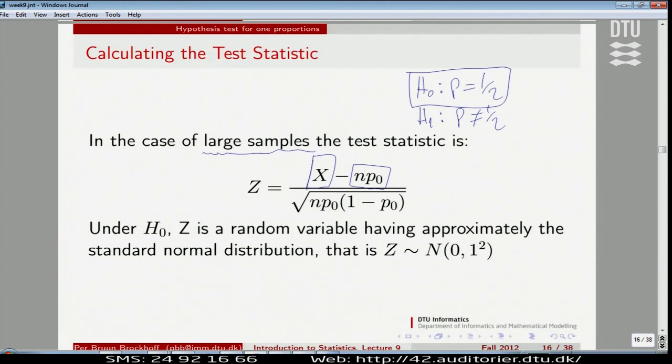That is the expected value. If I see 550, I compare the 550 with half of the sample size, that is the expected value, n times p naught.